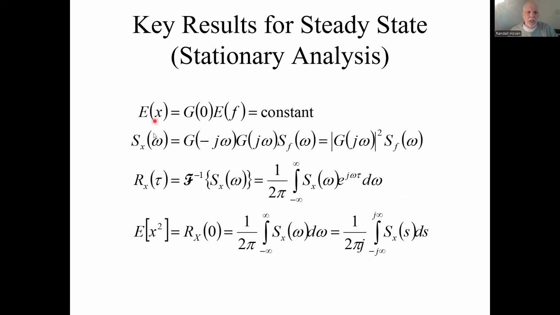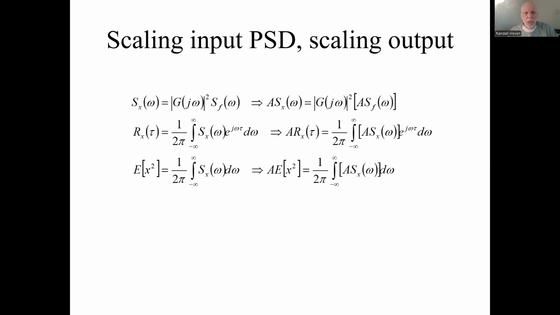You can find the output mean, the output power spectral density, the output autocorrelation function, and the mean square value, either from the autocorrelation function or from the power spectral density. And by a change of variables, I can go from here to here. We're not going to use this integral directly, but it's going to be used to derive some formulas that we will use. This requires complex functions of a complex variable.